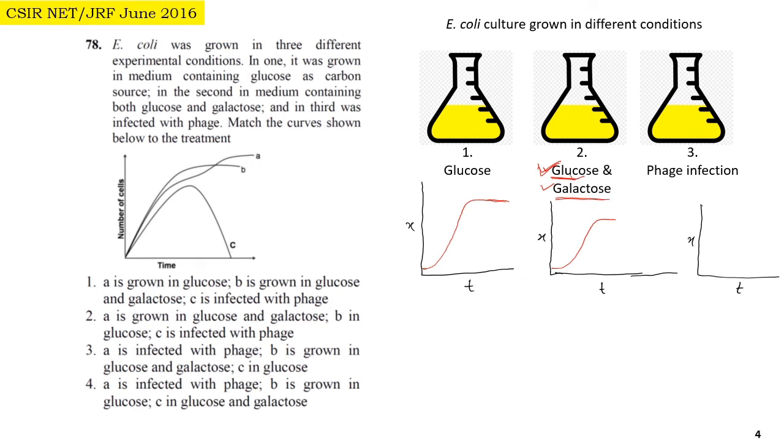So when it starts utilizing galactose, again it will start dividing, and again there will be a log phase. After galactose is utilized, again the bacterial cells will enter the stationary phase. So this kind of graph we will see in case of glucose and galactose, and this we call a biphasic growth curve. The same biphasic growth curve will be seen in case of glucose and lactose also.